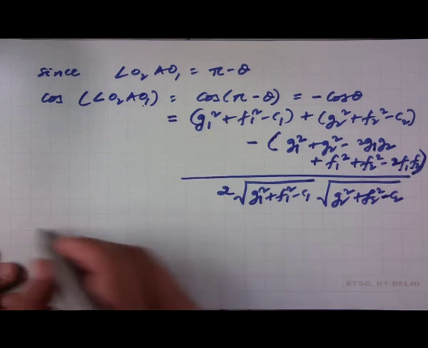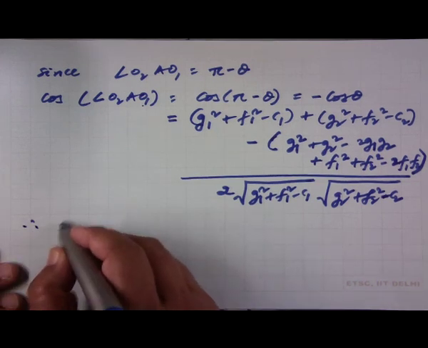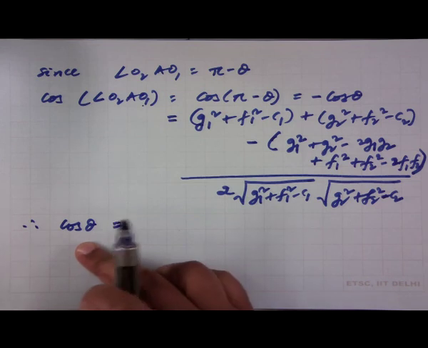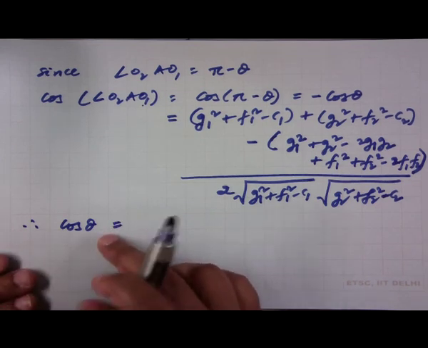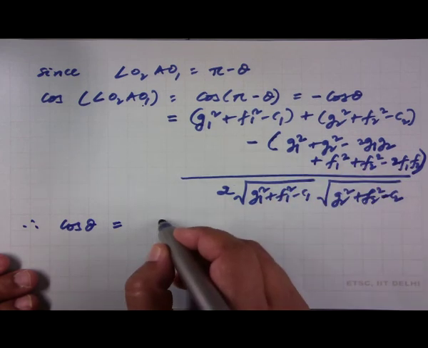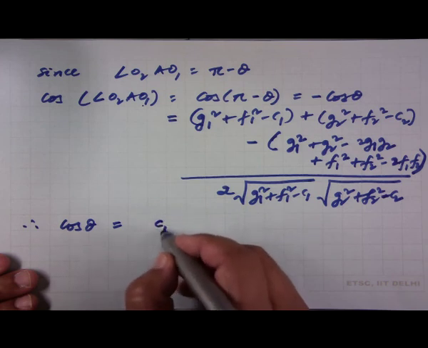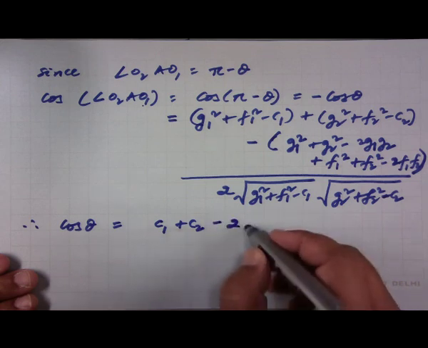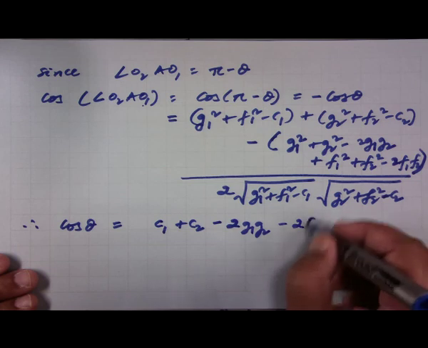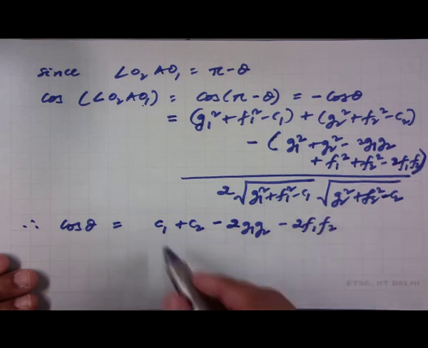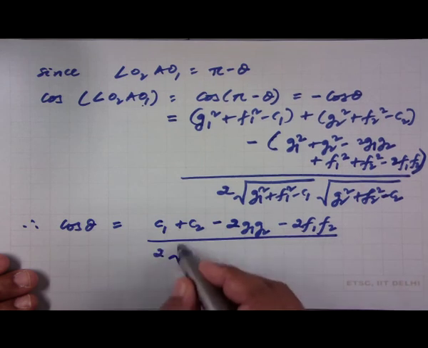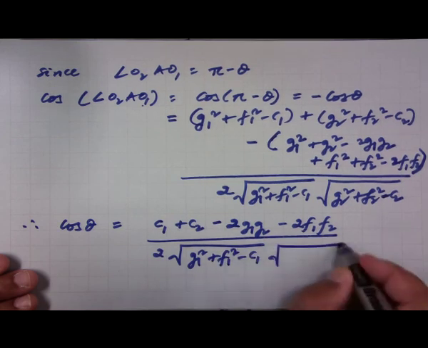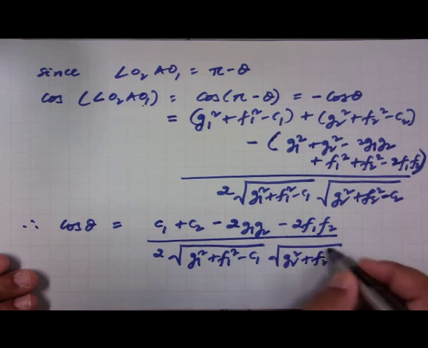And so essentially what we have is that this is minus cos theta, therefore cos theta, where theta is the angle of intersection between the two circles, will be equal to C1 plus C2 minus 2 times G1 G2 minus 2 times F1 F2, divided by 2 times square root of G1 square plus F1 square minus C1 times square root of G2 square plus F2 square minus C2.